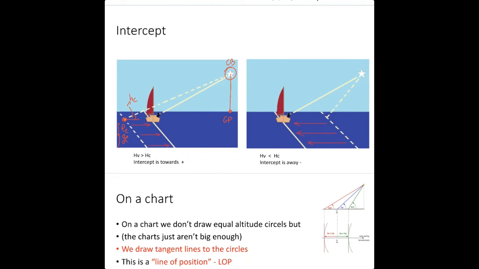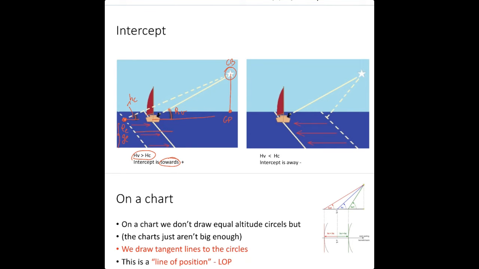Okay, but what you read on your sextant is HV. In this case, HV is bigger than HC. You can see that from the angles here, these two angles. If HV is bigger than HC, it means that you're actually closer than what you have calculated. So you are closer to the geographical position than your estimated position. That means that you will have to mark the intercept towards the position of the celestial body.